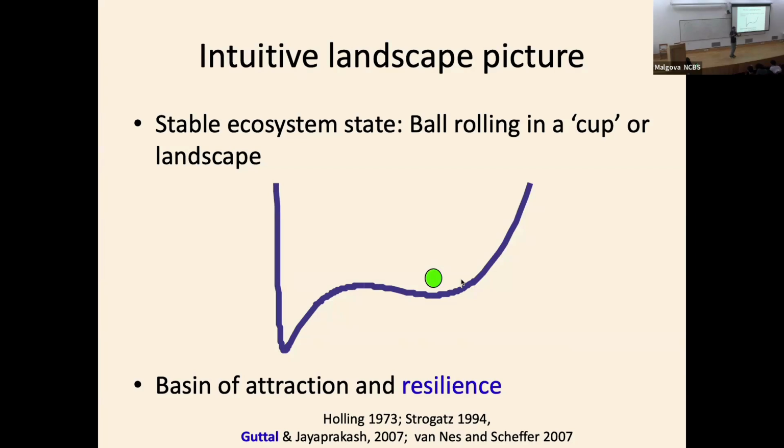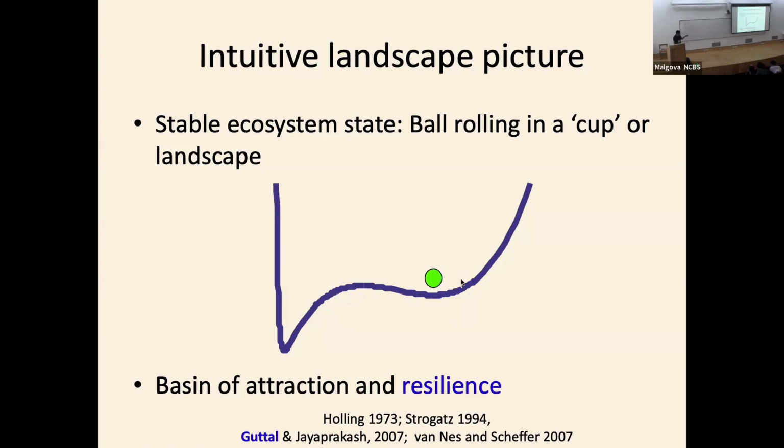To really empirically measure something like the basin of attraction, I will have to do a lot of perturbation experiments on an ecosystem and wait for one of them to go out and then say, this is the maximum I can perturb. And so it means this is the edge of my basin. It is the edge of the stability of the ecosystem, and that's very risky. If you're dealing with natural ecosystems, we don't want to cause some dramatic changes while doing experiments.